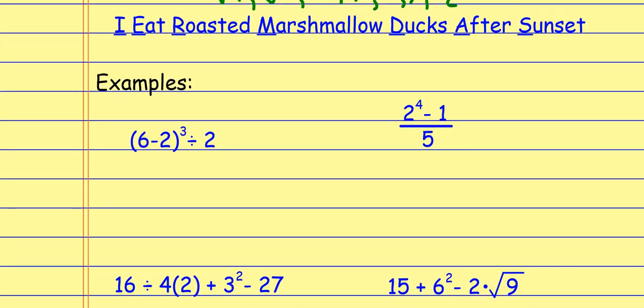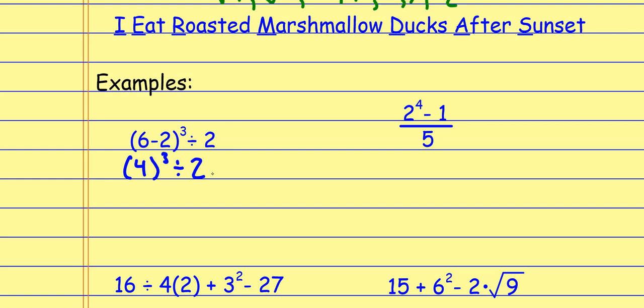Okay? And again, make sure you understand the tiebreakers. For example, if I look at something like this guy, again, I start with inclusion symbols like parentheses. So I see a set of parentheses there, so I start with what's inside the parentheses. And inside the parentheses, I do the subtraction. And that's a 4. And here's the thing, if there's more than one operation inside the parentheses, I follow order of operations inside the parentheses, okay?